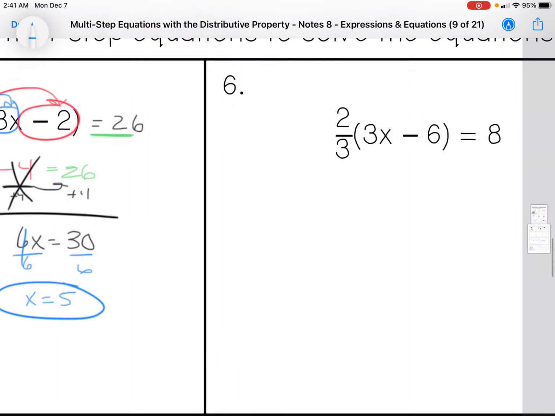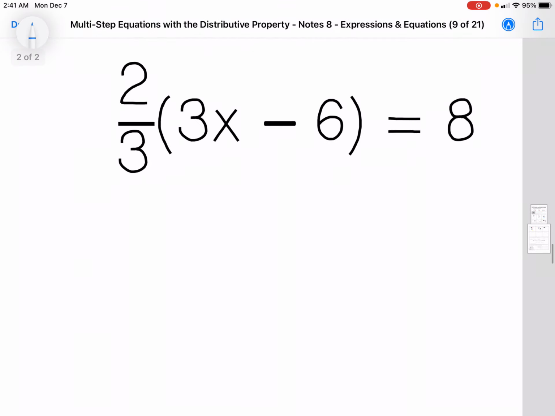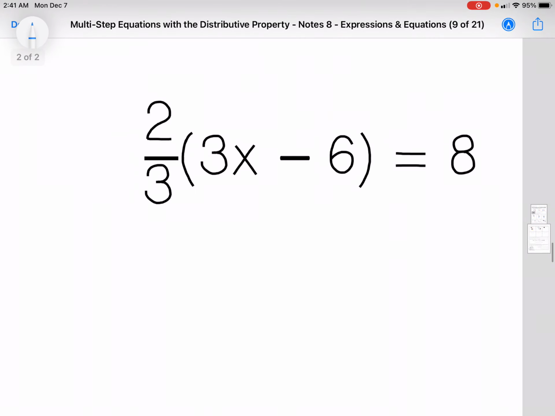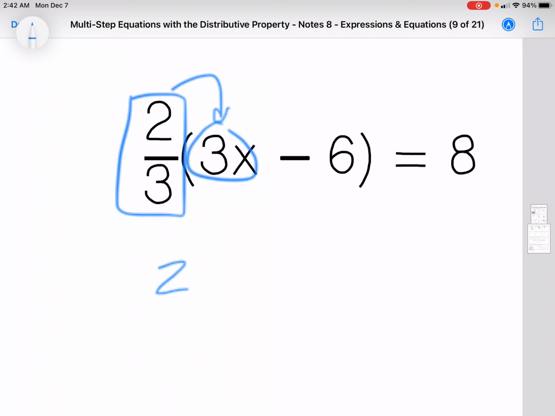All right, number 6. Don't we love fractions? Aren't they the best? All right, 2/3 times 3x is going to be 2x.